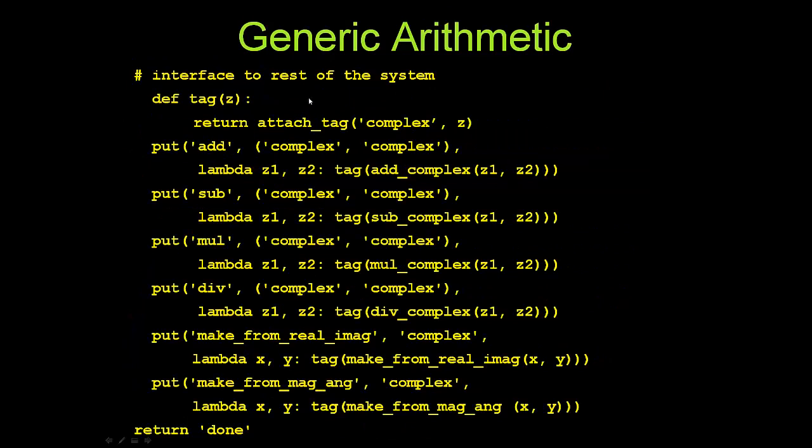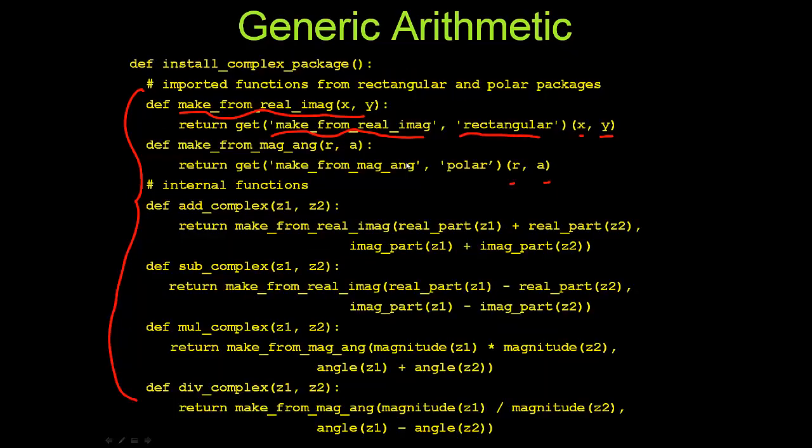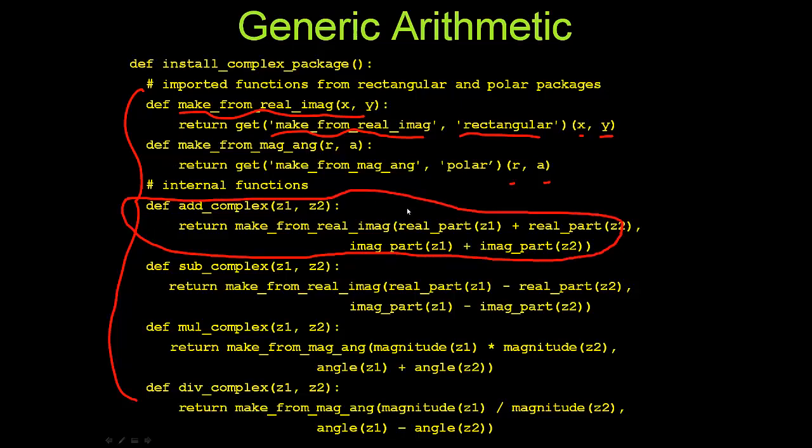So what we do then is that we basically add all this arithmetic to the table. Now we attach a complex tag. And if it's add, it's lambda z1 z2, add-complex z1 z2. So where is this add-complex? Well, it's on the previous page, over here. So we are doing the exact same thing as we did in the previous complex number package. Now we're going up one level higher.